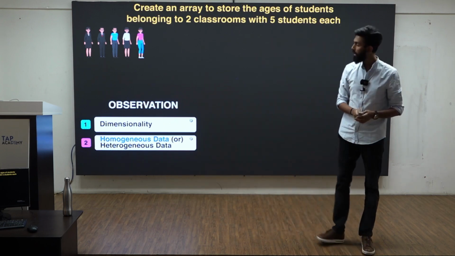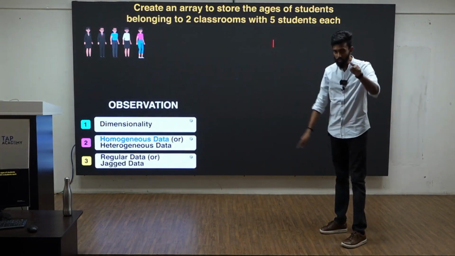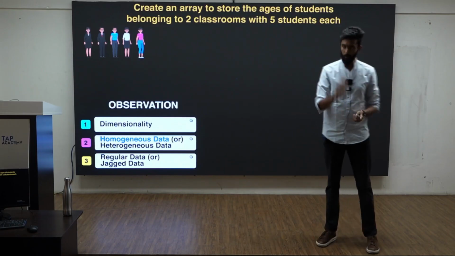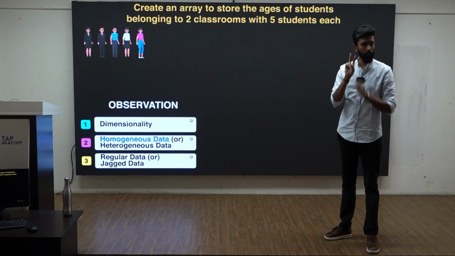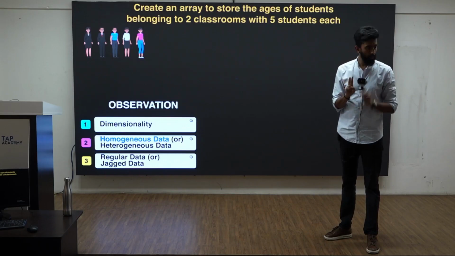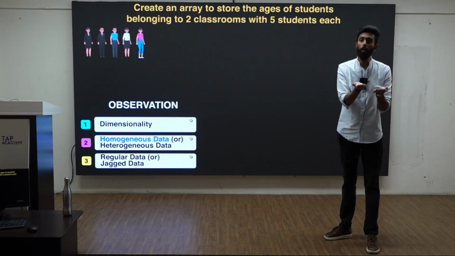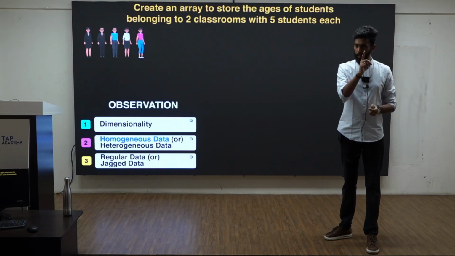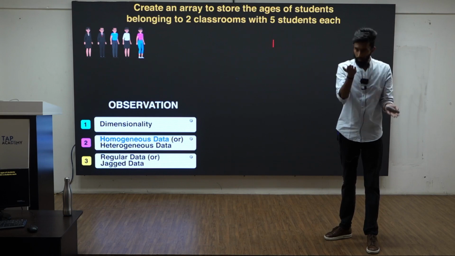Am I clear? Now third, regular data or jagged data. How many classrooms? 2 classrooms. In first classroom how many students? 5. Second classroom? 5. Does every classroom have equal or unequal students? Equal. Equal means regular. If the first classroom had 5, and the second classroom had 10, it would be irregular.